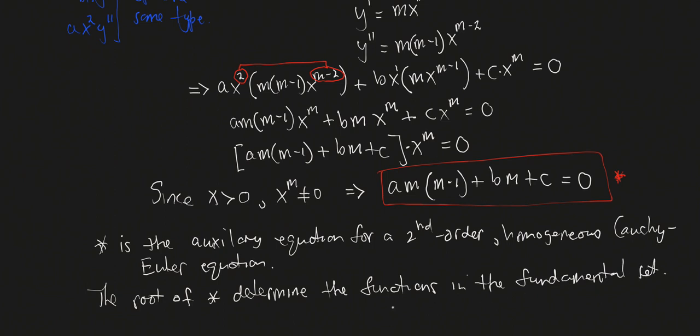All the theory that we had before, the superposition principle, the use of the Wronskian to establish linear independence, all those work. The only thing that's different is how we come up with those basis or fundamental set of functions. And as usual, the easiest case is when this auxiliary equation has real and distinct roots.